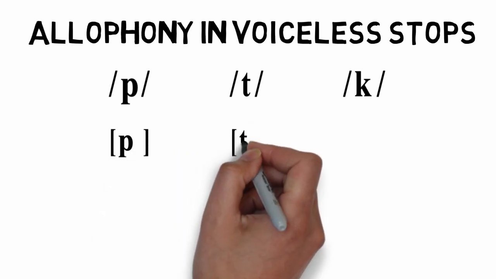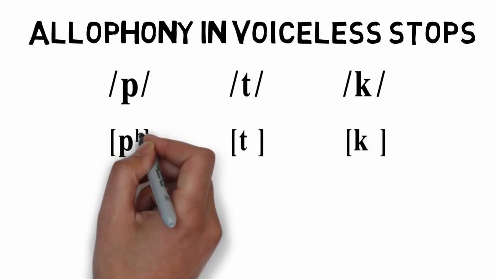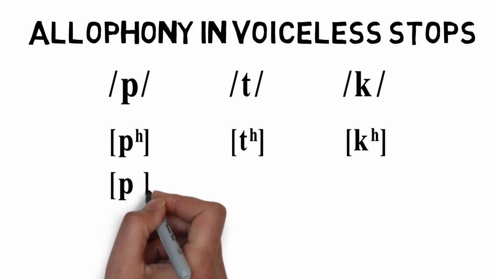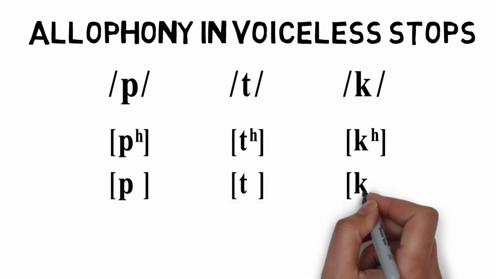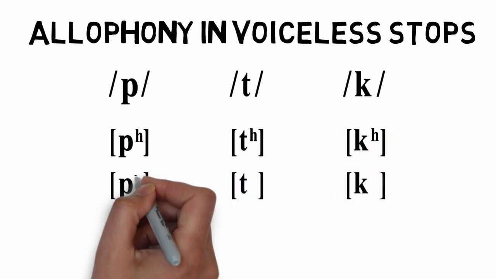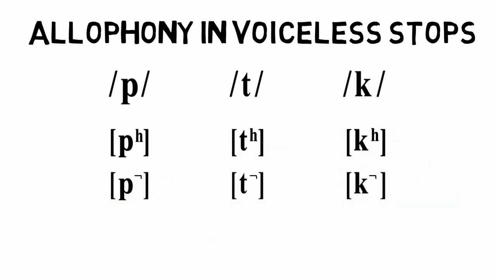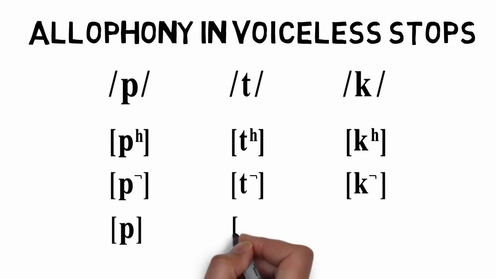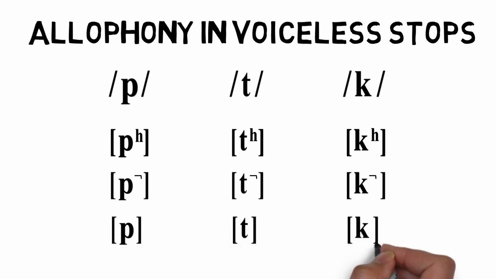They have the aspirated versions, as well as the unreleased versions, where we don't entirely release the stop in our mouth. So something like the sounds at the ends of cap, pat, and kick. And then finally we have the plain versions, which I'm going to say here, and they're going to sound actually like different sounds, but trust me, they're the plain versions of P, T, and K. So we've got B, D, and G.